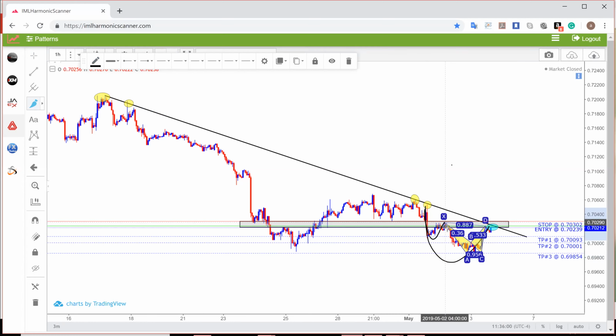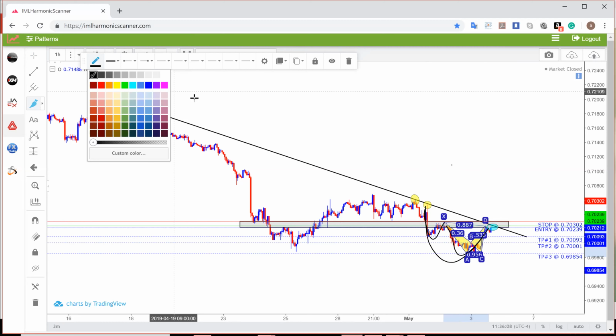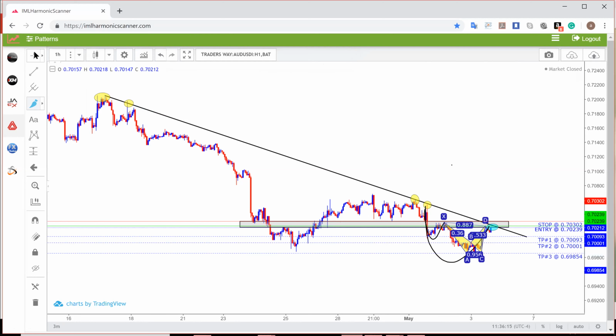Example two. Price came down, up. Example three. So I'm just going to delete all those things so you can see clearly without all those lines. I like it as clean as possible.